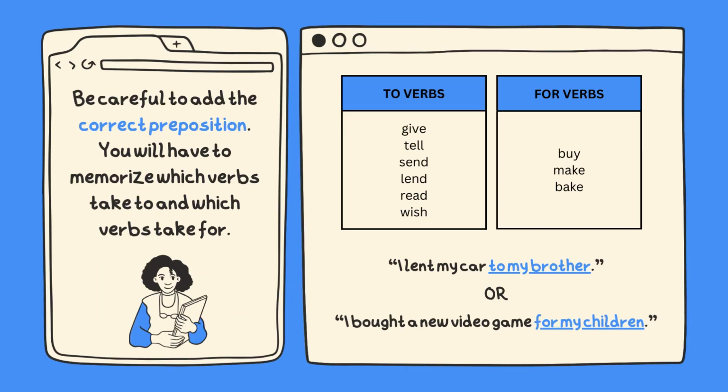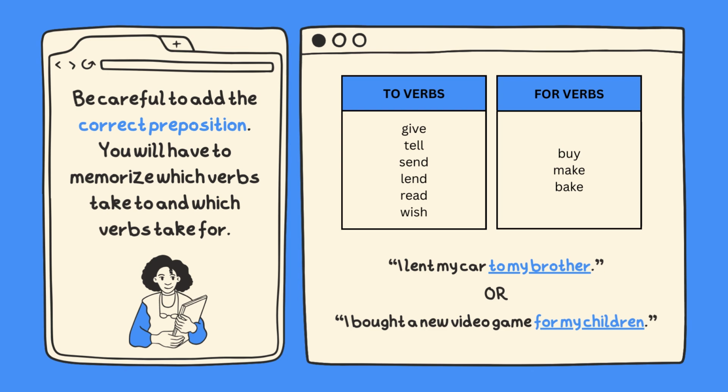Just be careful to add the correct preposition. You will have to memorize which verbs take "to" and which verbs take "for". Your "to" verbs include give, tell, send, lend, read, wish.